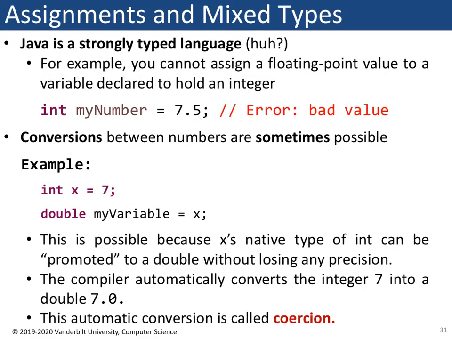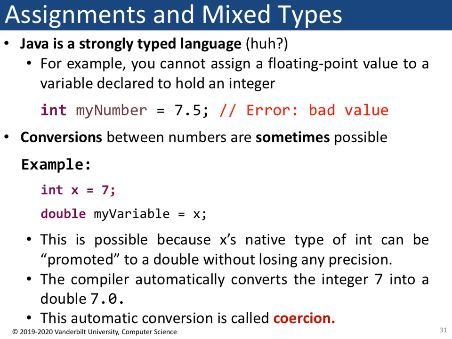Something that is commonly said about Java is that it is a strongly typed language. What does that mean? Well, it means that the variable types draw strict lines in the sand about what can be stored in that variable. For instance, in the example, we have an integer variable called myNumber declared, and we are assigning it the value 7.5.